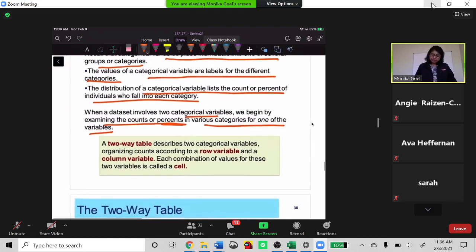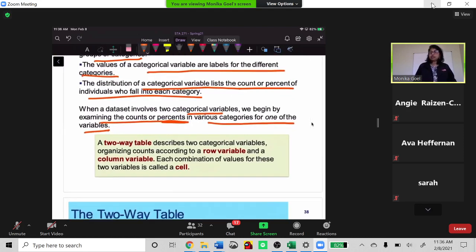And again, we are talking about two-way tables, so we need two variables. When you are looking at a relationship, you cannot look at it with just one individual variable. A two-way table describes two categorical variables, organizing counts according to a row variable and a column variable.